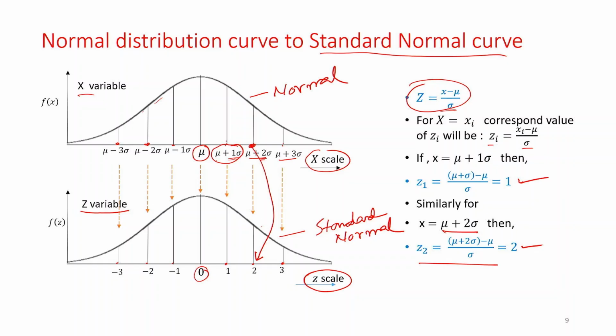So the standard normal distribution curve is a unique curve, whereas normal distribution curves could be plenty, depending upon the value of mu and the value of sigma. There could be an infinite number of normal distribution curves, but the standard normal distribution curve is only one, and that is unique.